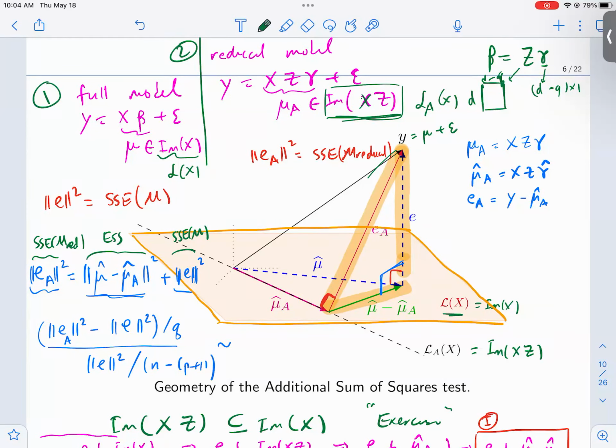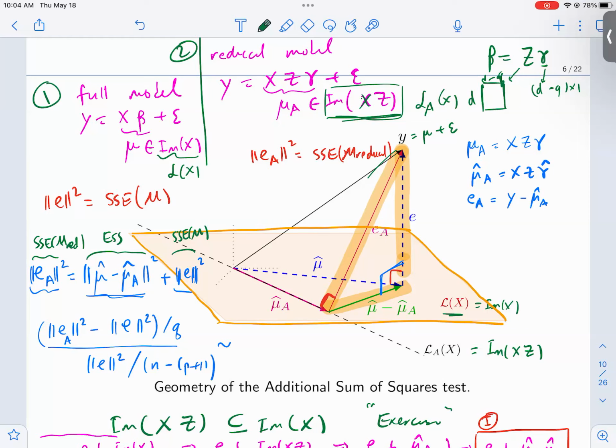So you fit the reduced model, you basically project Y onto the reduced model, you explain some of it, but what remains is this E_A. Part of that E_A I can further explain by the full model, because the full model is bigger and picks up more directions.